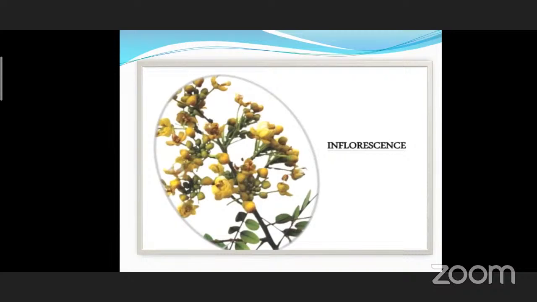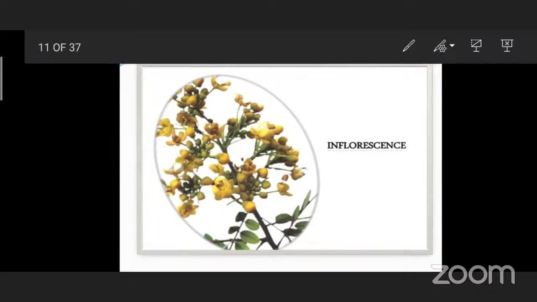So, what is inflorescence? The arrangement of the flowers on the floral axis is known as inflorescence. A flower is a modified shoot wherein the shoot apical meristem changes into the floral meristem.